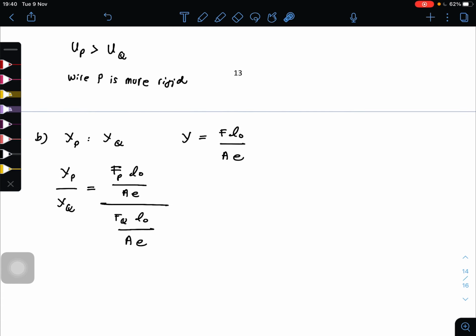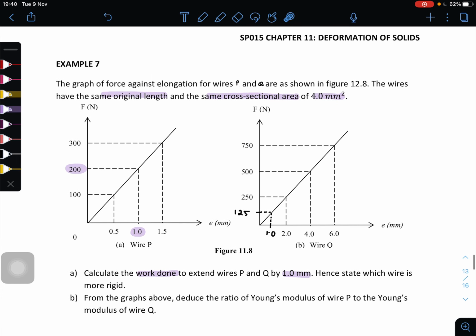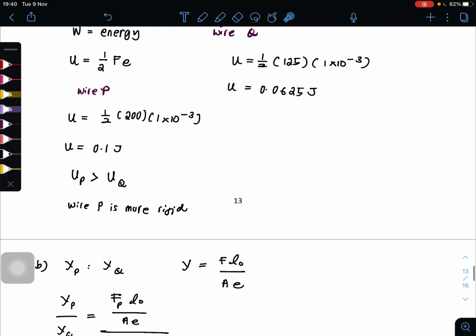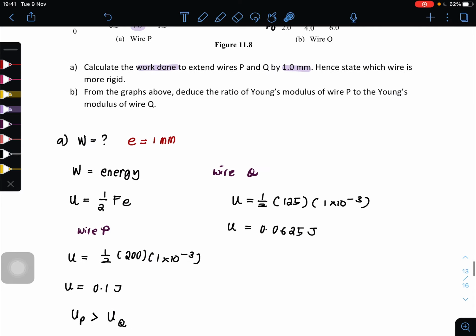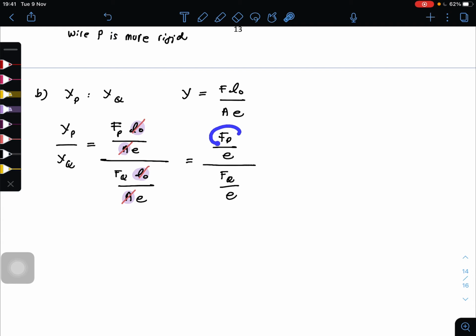So soalan mention that here both wires have the same length and the same cross-sectional area. So this one sama, this one sama. So dekat sini kita boleh cancel out, di mana kita akan dapat FP divided by elongation, FQ divided by the elongation. Okay, we need to decide which value for force that we want to use.